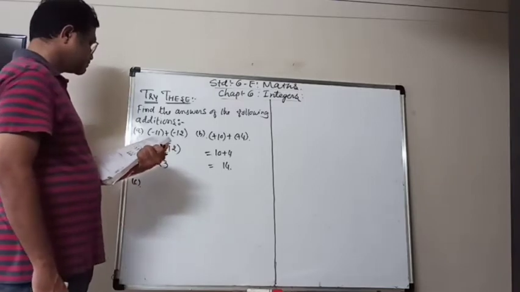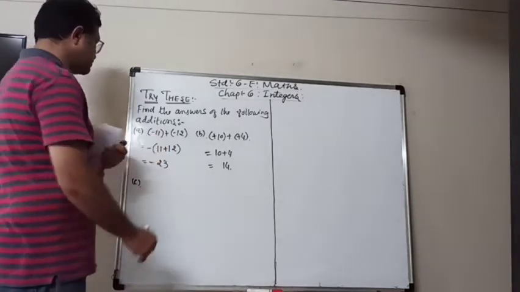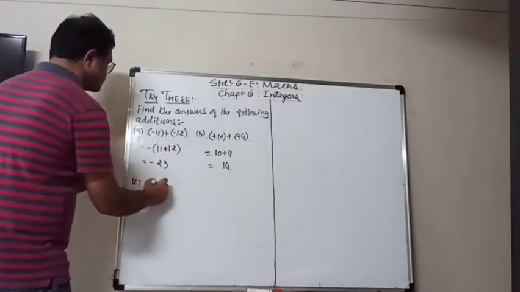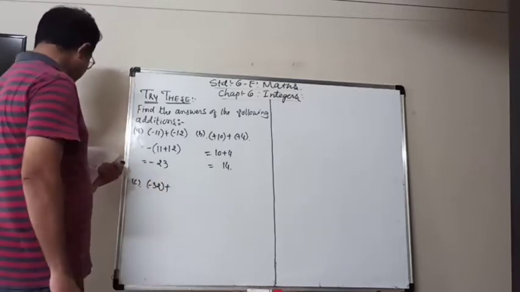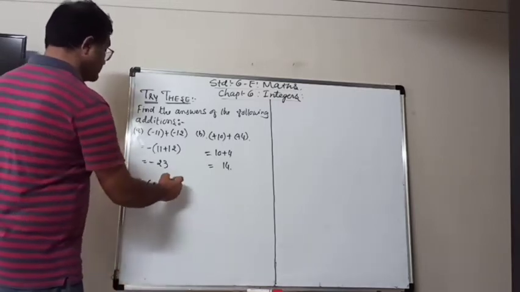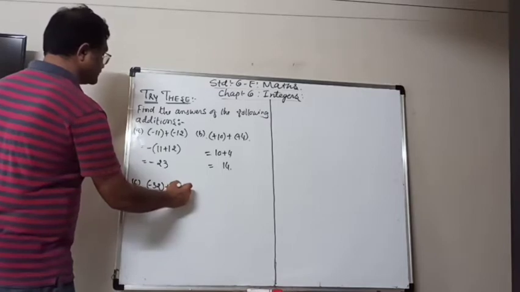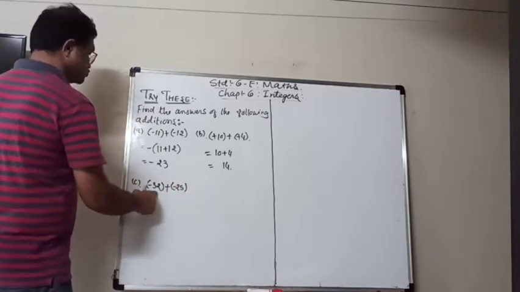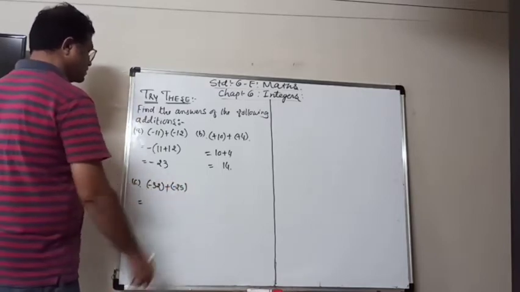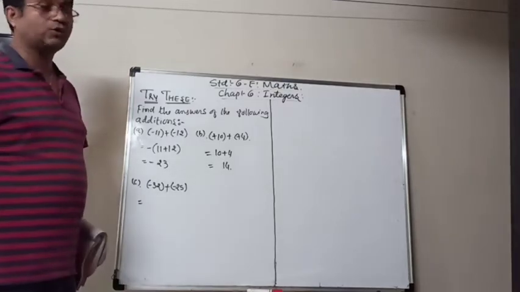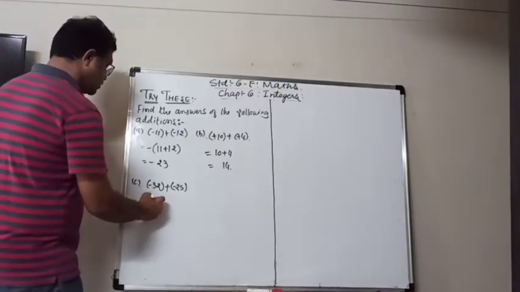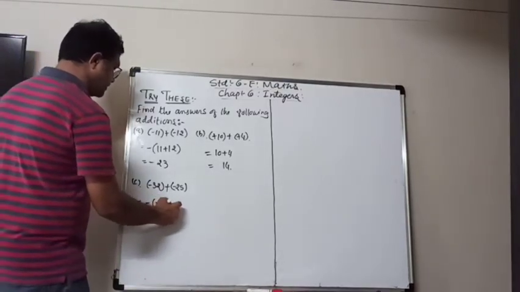C. Minus 32 plus minus 25. So when both the integers are negative, you have to add and give the negative sign.